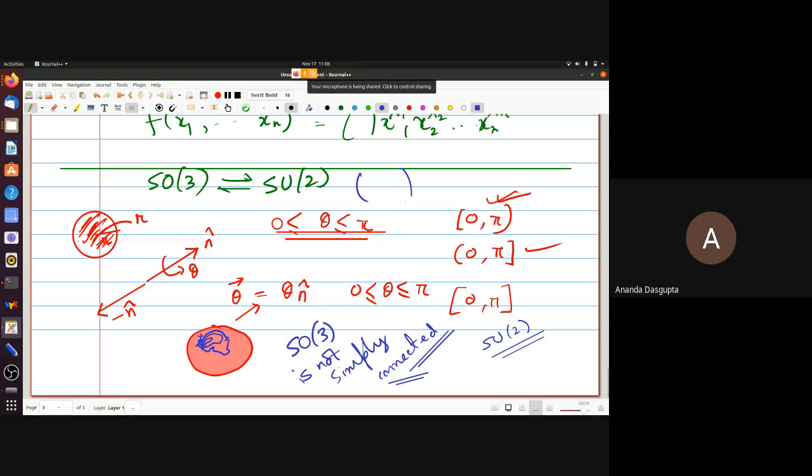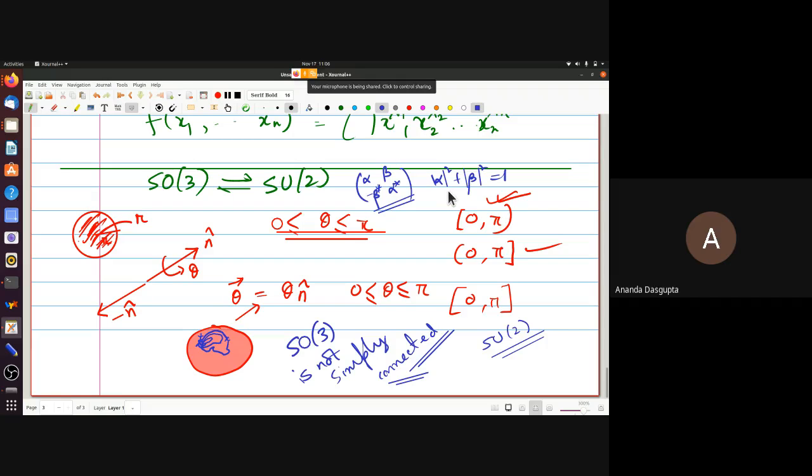Let me just quickly tell you this. I think all of you know this. A general SU2 element has to be of this form. I think all of you should know this, at least this is standard matrix theory. Every SU2 element has to be like this. Yes, sir, we know. It is described by two complex parameters alpha and beta.